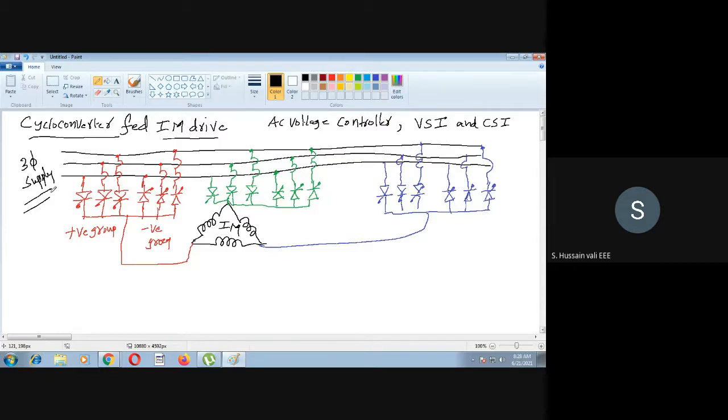It depends on whether you want to increase the frequency or decrease the frequency, and you have the relationship between the frequency and the voltage and all these things.